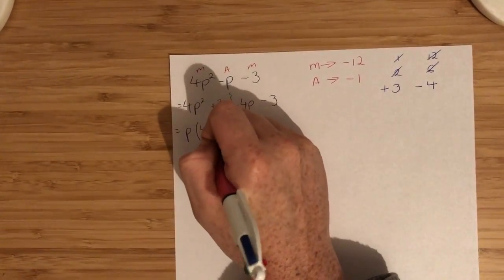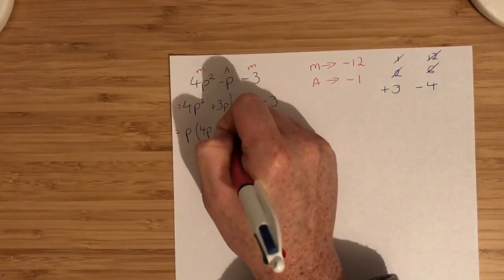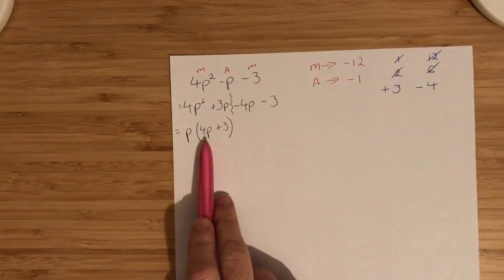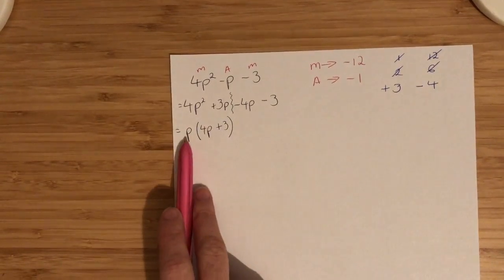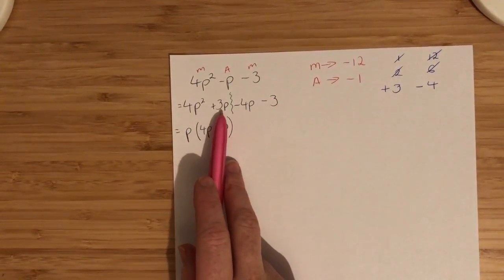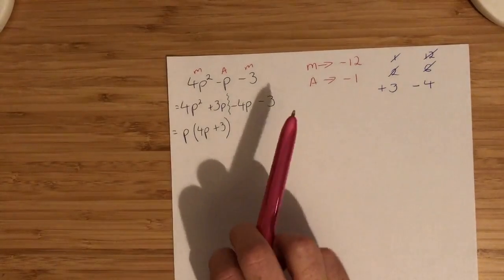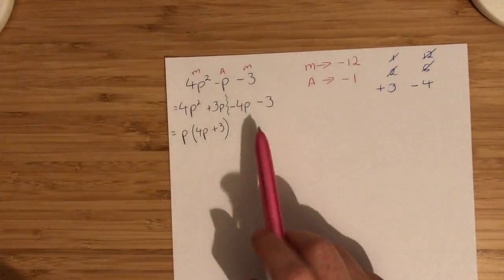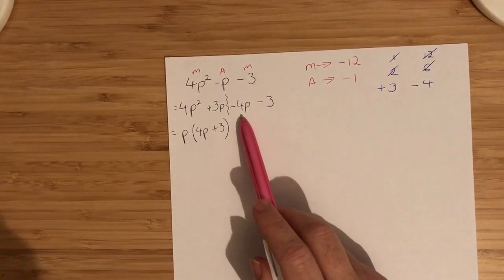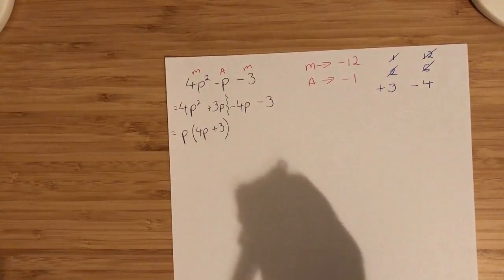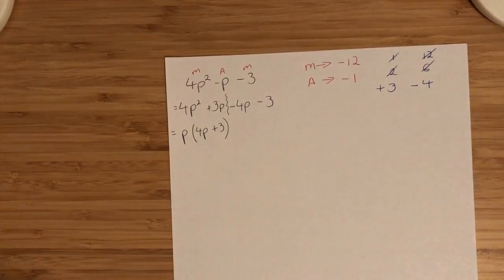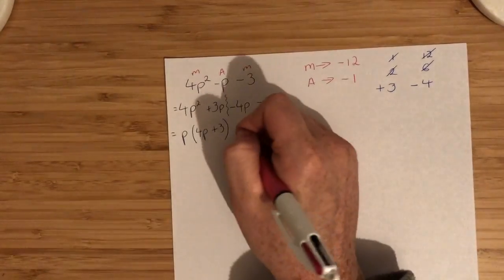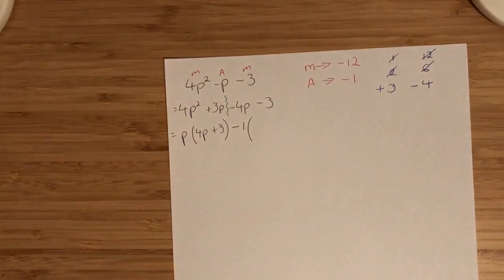P, open the brackets, 4p and plus 3. P times 4p is 4p squared. P times 3 is plus 3p. Okay, let's look at the second half. Now this was actually probably a good one to do because as you can see there isn't a highest common factor here, minus 4p minus 3, so we need to put a minus 1. If there's no highest common factor, you just put a minus 1 and open the brackets.